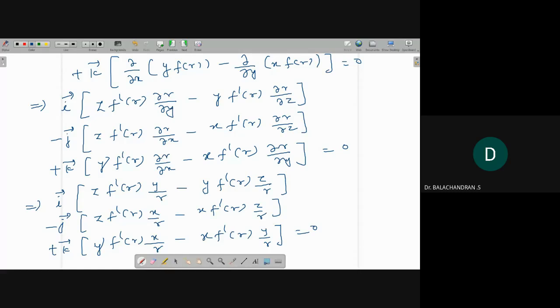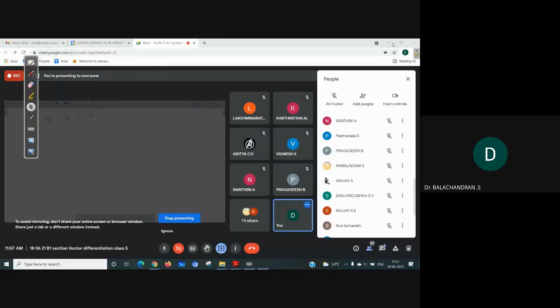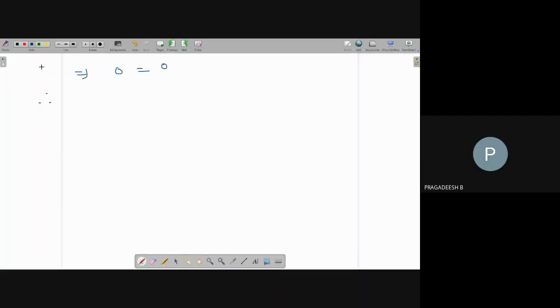So that's why 0 equal to 0. If it is 0 equal to 0, what is the conclusion? Can anyone tell? If you tell, I will write here. F of r can be any function of r in order to be irrotational.